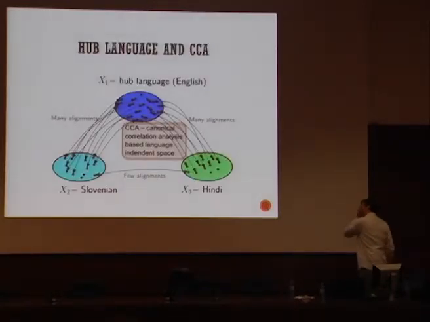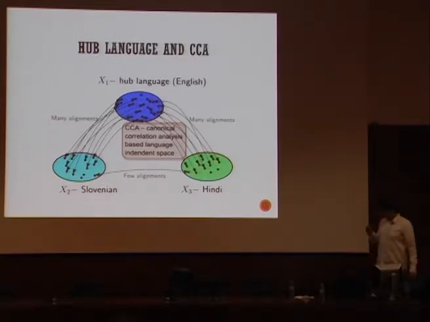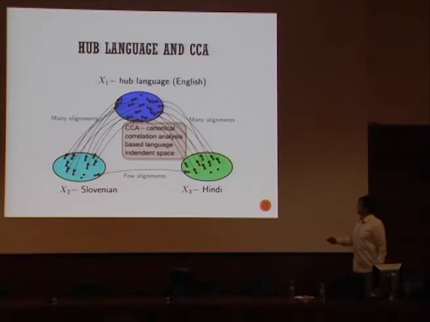And this is the so-called hub language approach. As I already told, here's an example with only a few alignments, or you could have an example with no alignments. And we can use, for example, CCA, canonical correlation analysis.